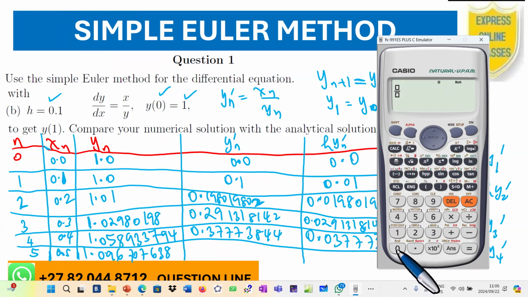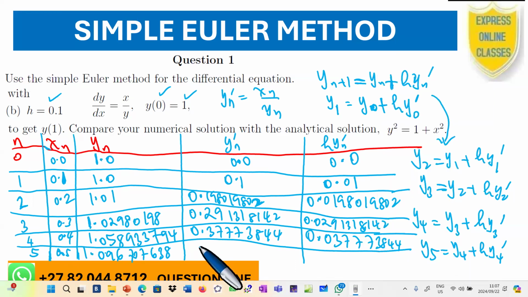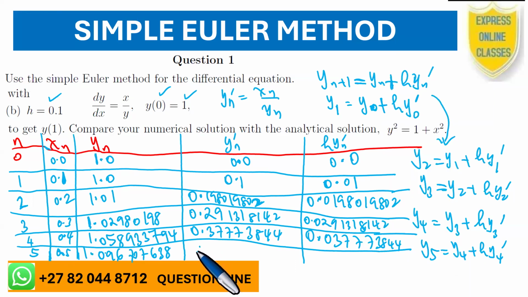So we're going to do 0.5 divided by 1.096707638. Then we get the answer, which is 0.455. 0.4559100189.